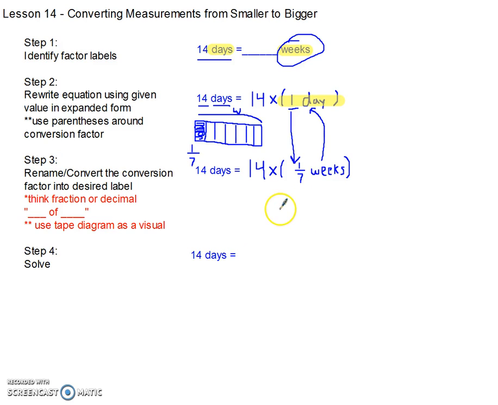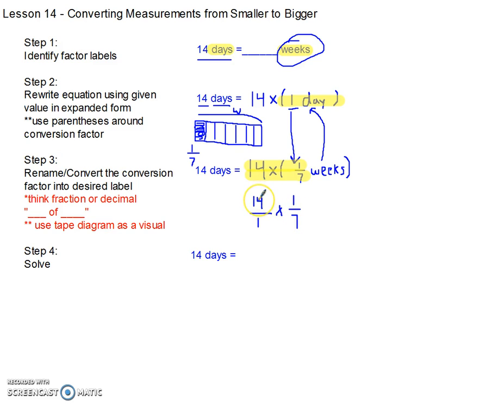And step 4 remains the same to solve. When you are multiplying fractions, as we are here, it's kind of a tricky thing that we haven't really studied, but I'm going to show you just a quick snippet. When you think about 14, that's like thinking about 14 over 1 and multiplying that by 1 over 7.